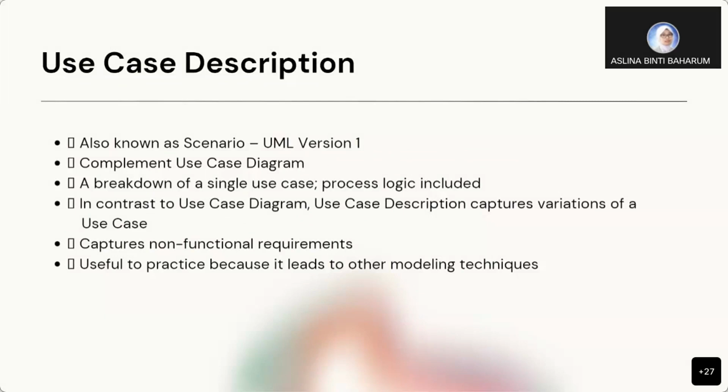For example, to create a new order, it can be done at a counter or by internet ordering, which are two scenarios. It also captures non-functional requirements. It is also useful in practice because it leads to other modeling techniques, which are the activity diagram and the class diagram.